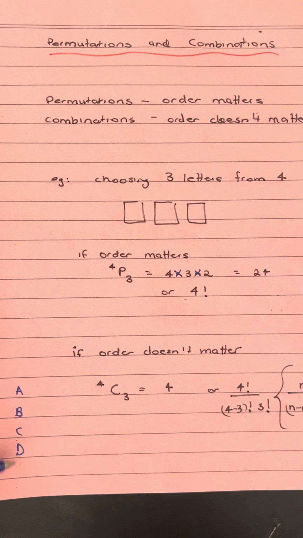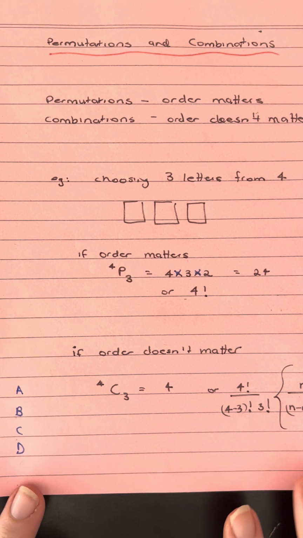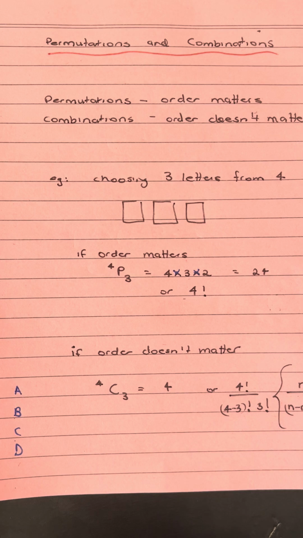We could choose B, C, D, which would be a second choice. If we had C, D, A, that would be a third choice. And then if we had A, B, D, that would be the 4th choice, in any order, because the order doesn't matter. So that's how we get our 4 choices in a working through logical way.